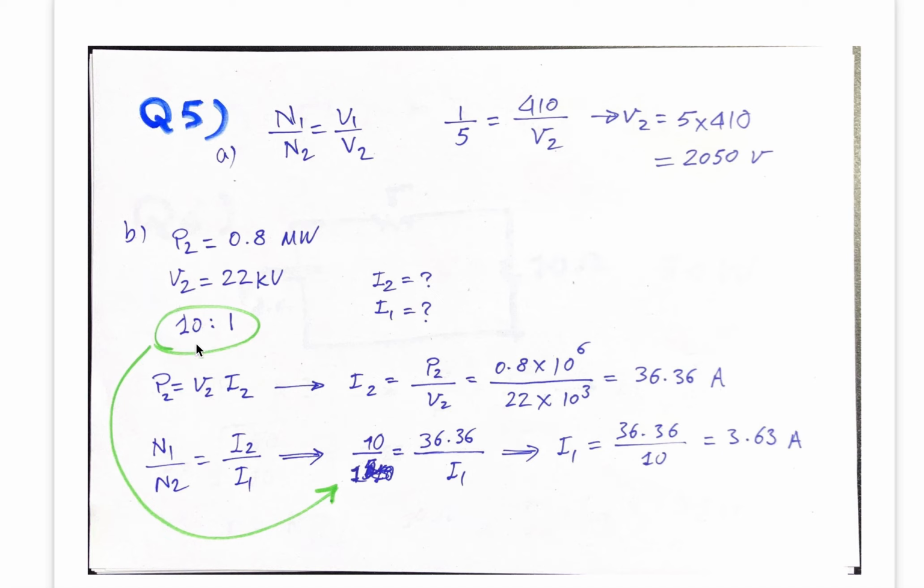So based on the power definition, which says P2 equals V2 I2, or P equals VI, you can find I. And this is I of the secondary. Now you can use this principle of operation of the transformer. Now you got N1, you got N2, you got I2, and easily you can obtain I1.